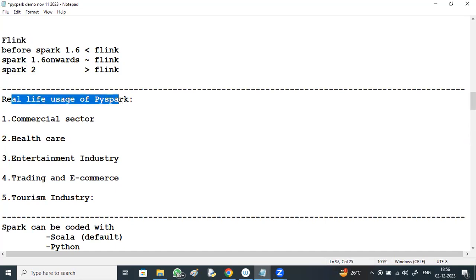And the real-life usage of PySpark, right?